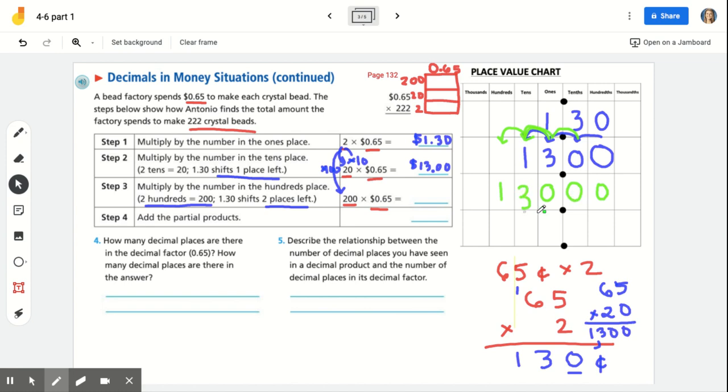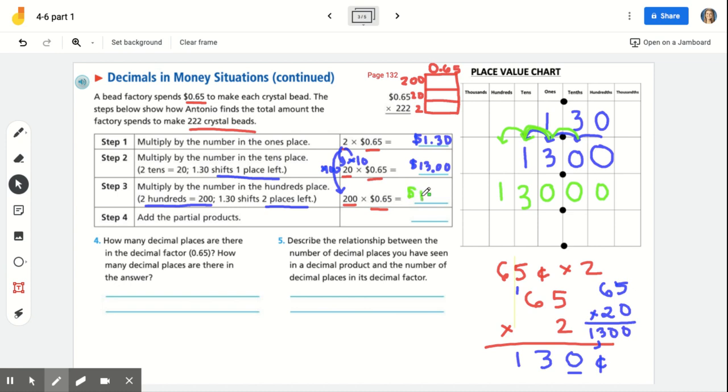And we get another partial product here of $130. $1.30 times 100 is 130. Or if we were to solve vertically using those tricks with the zeros, 200 times 65 cents would have gotten us 13,000 cents, which in dollar form is $130.